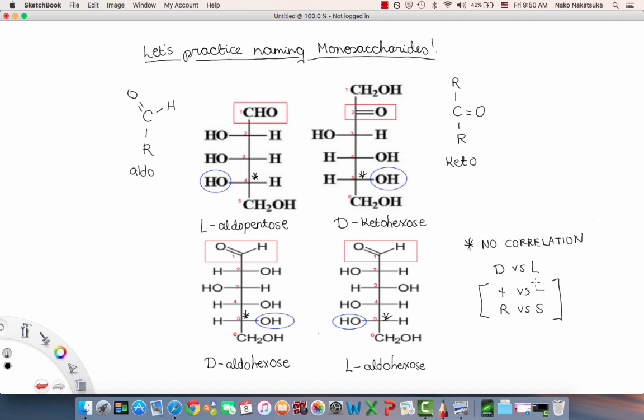But in this case, this D and L configuration is solely for these biomolecules. And so you can't really correlate any of these together. So just because something is an L-aldopentose doesn't mean that it's plus or R or S. So just make sure you don't confuse these three different things together.